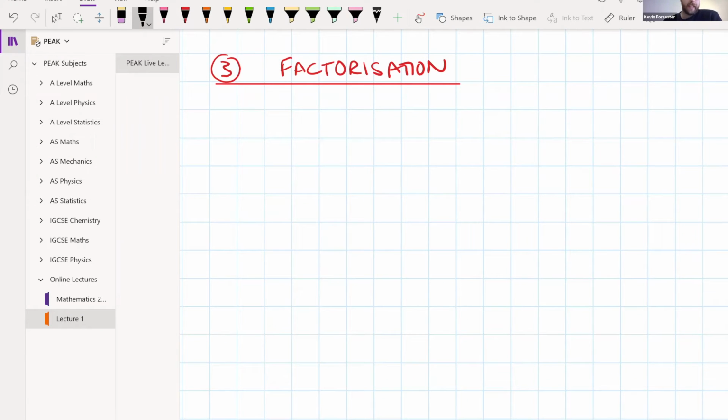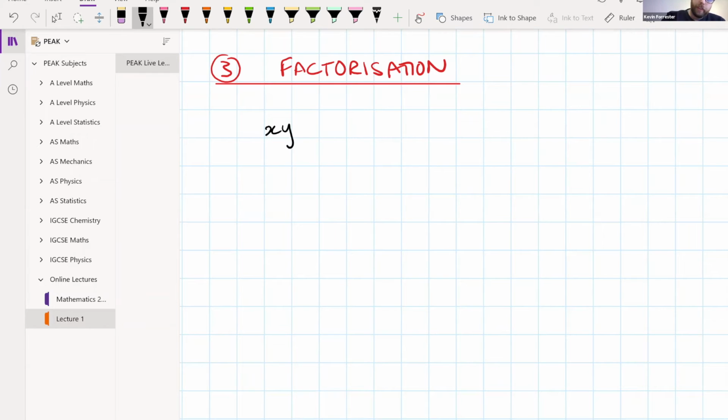Okay, so it's basically taking terms that are like factors. A factor is if you had to multiply two numbers or two terms to get to a particular term, then they are known as factors. So let's make an example of that. So we have xy. Do you agree that means x times y?